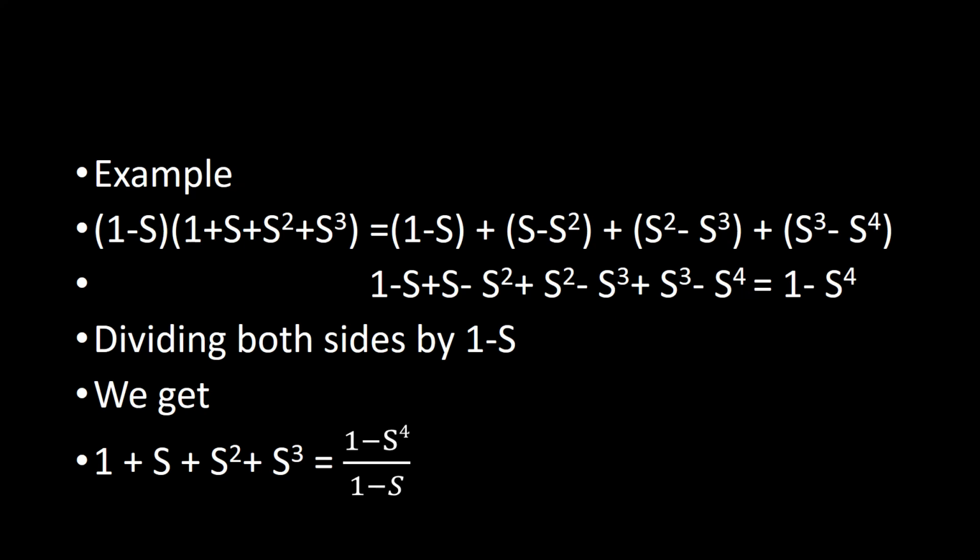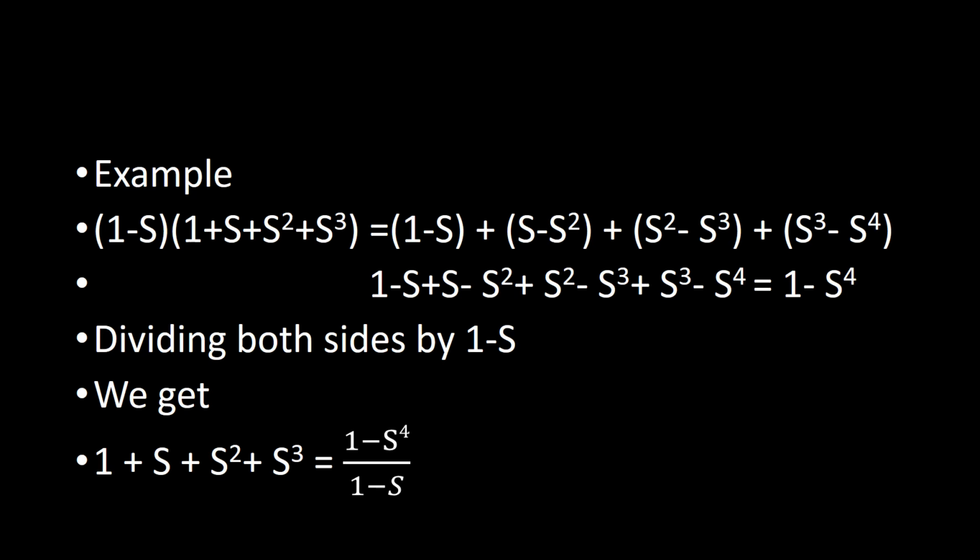Where we now end up with 1 minus s plus s minus s squared plus s squared minus s power 3 plus s power 3 minus s power 4. So minus s plus s gives us 0. Minus s squared plus s squared also gives us 0. Minus s cubed plus s cubed also gives us 0.